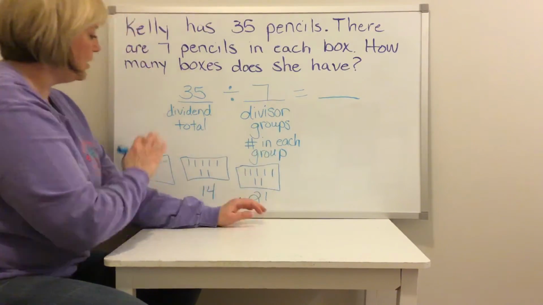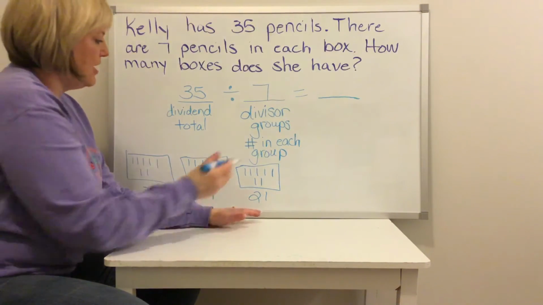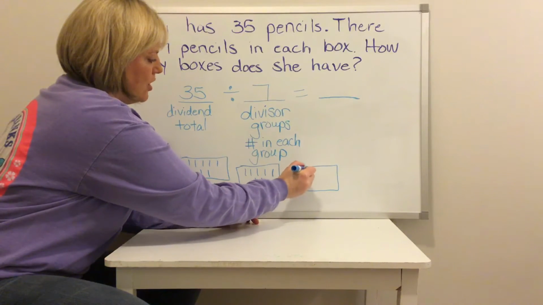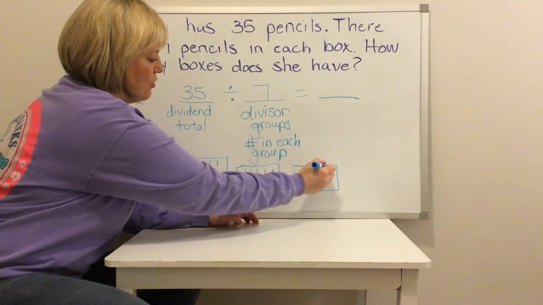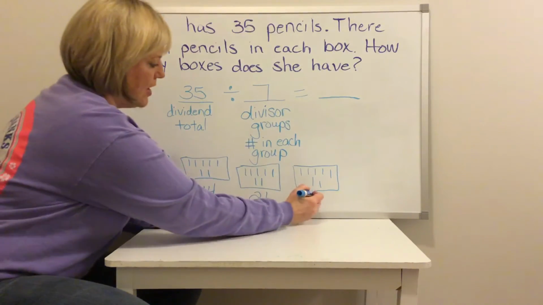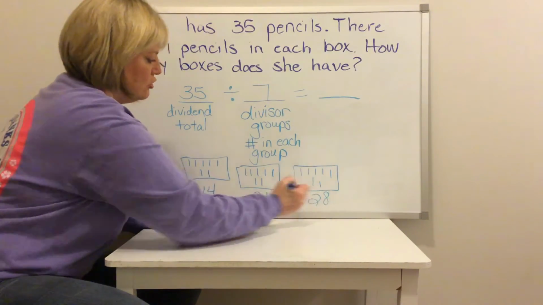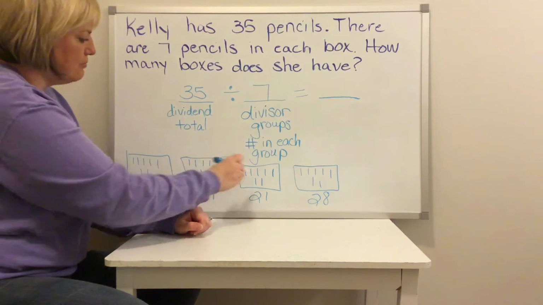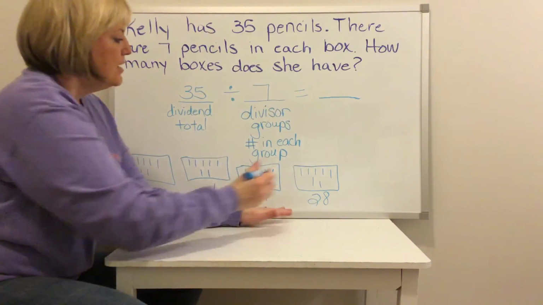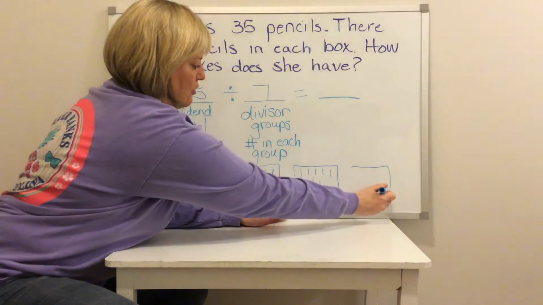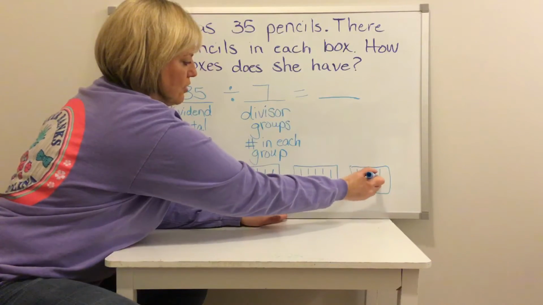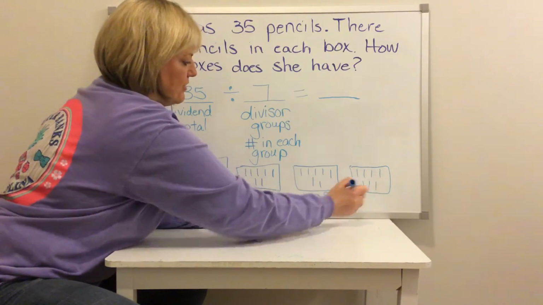I need to keep going until I've used all 35. So I make another box and put 7 in that one. And then now I have altogether 28 pencils because I'm just counting by 7. 7, 14, 21, 28. I need another box and put 7 there.